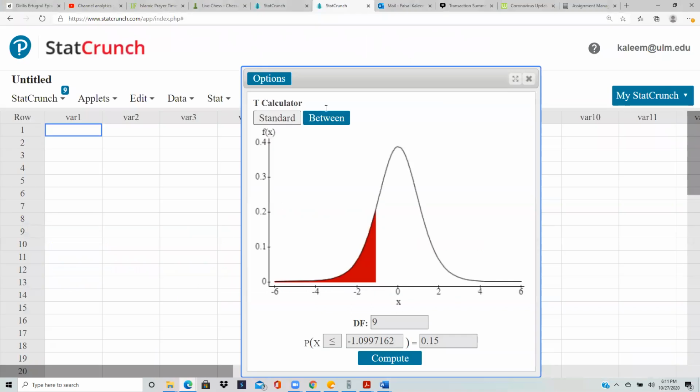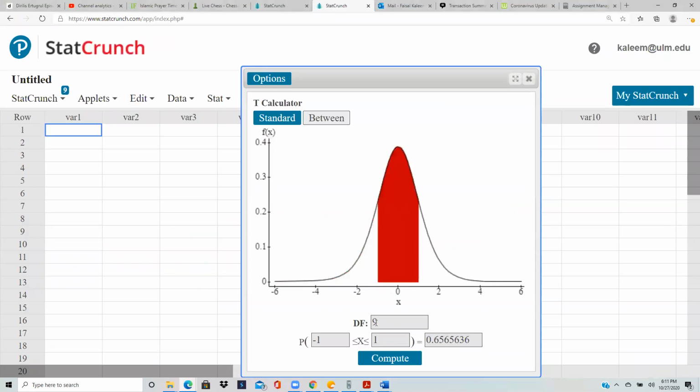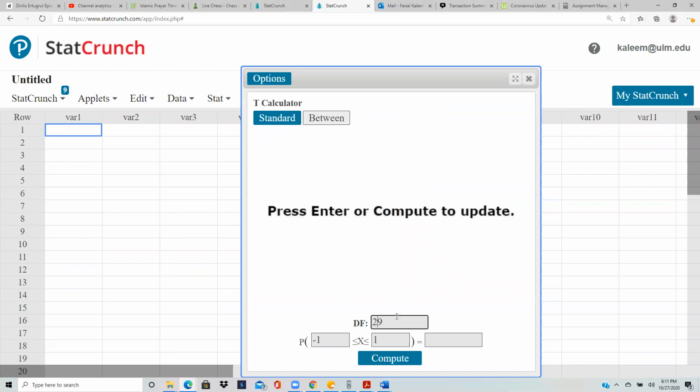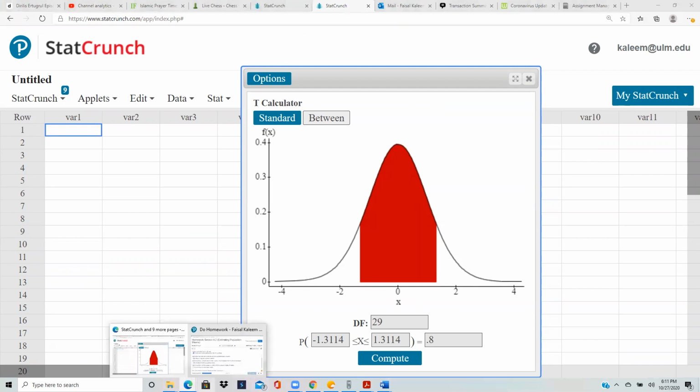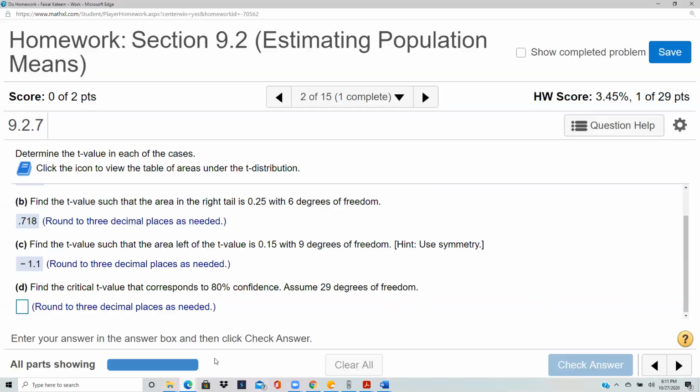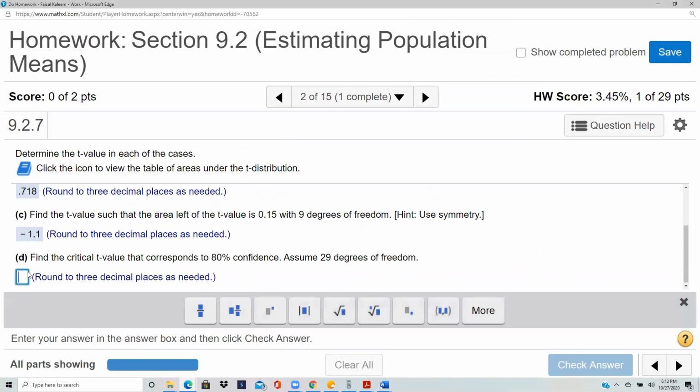So you go to between, 29 degrees of freedom, and area is 0.80. So t values are negative 1.311 and 1.311. And if they ask you for only one, then you take the positive one, 1.311.